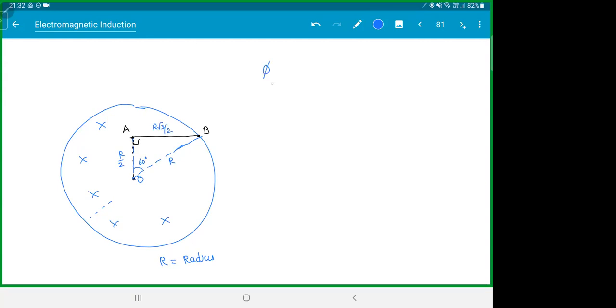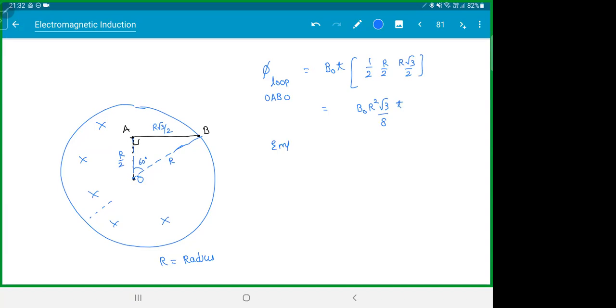So flux in the loop O, A, B, O is how much? B naught into T into area, that will be half into base into height. That would be B naught R square root 3 by 8 into time.